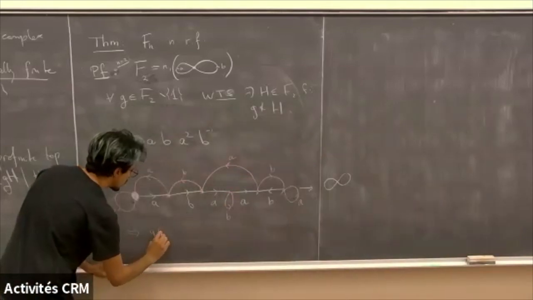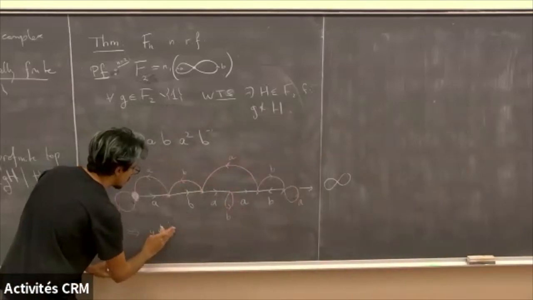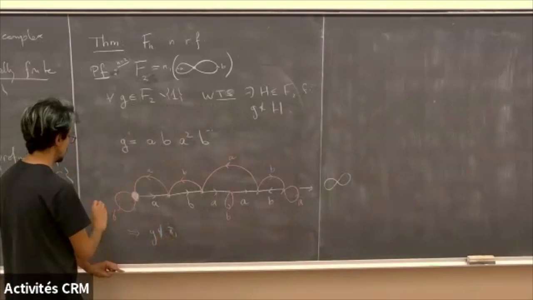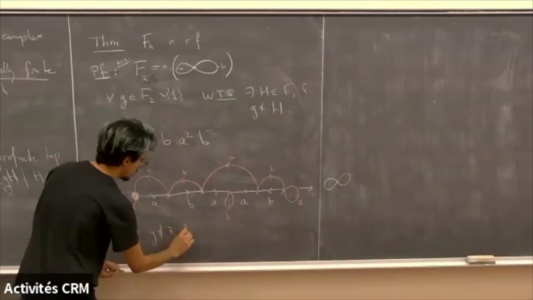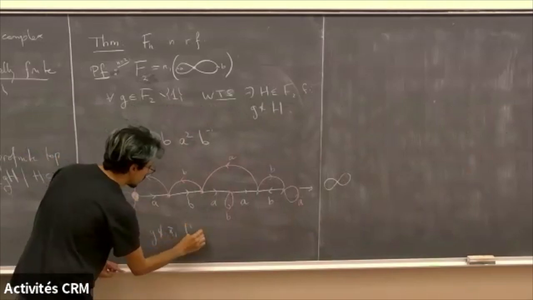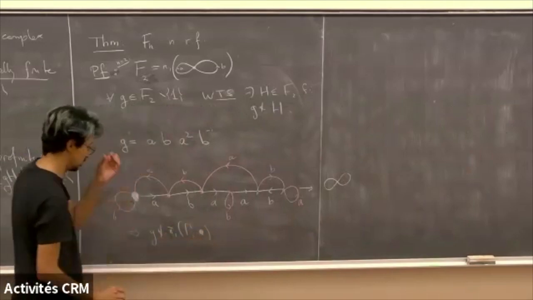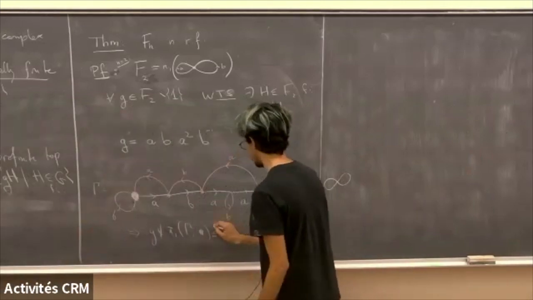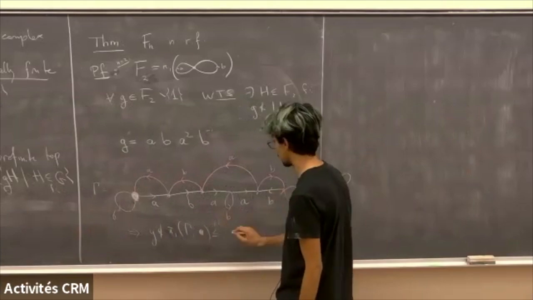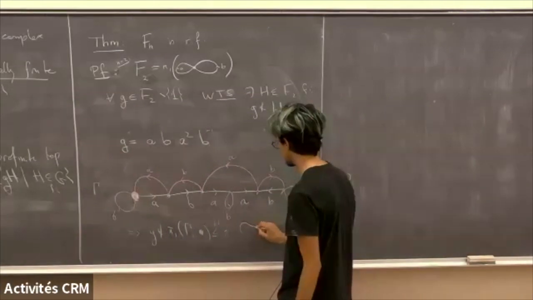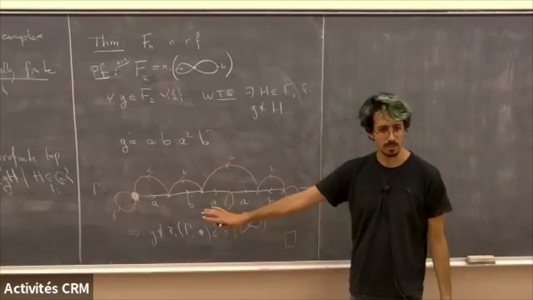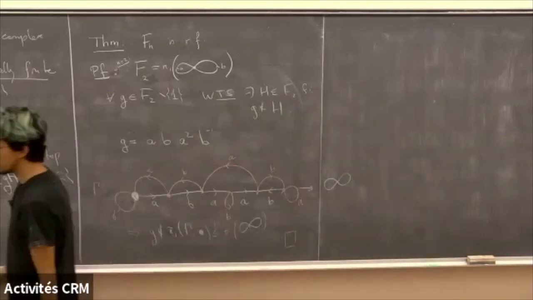So V is not in the pi one of this line, with this point. And this is a finite index of my pi one there. Yeah, let's say that, simple.